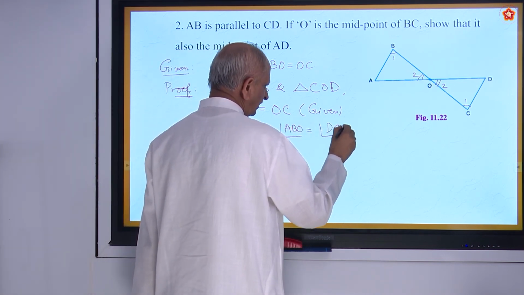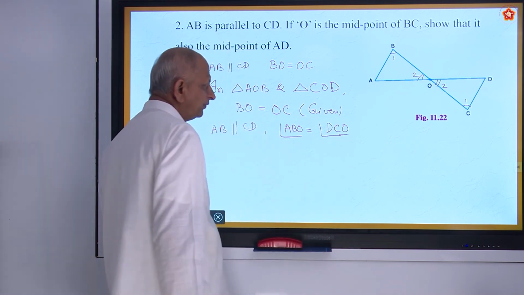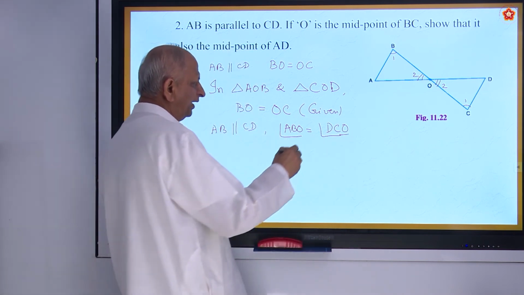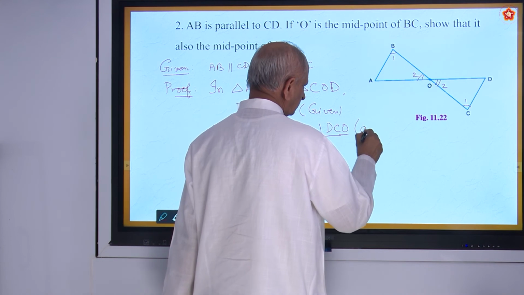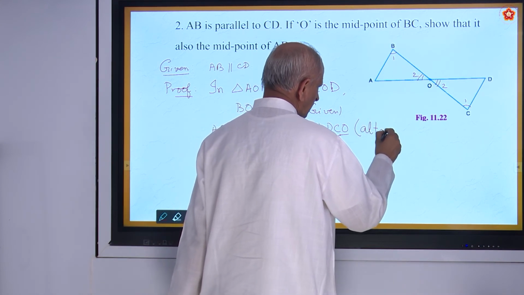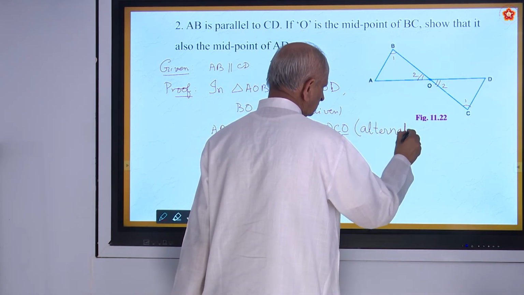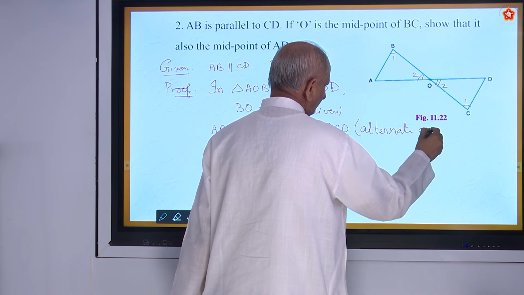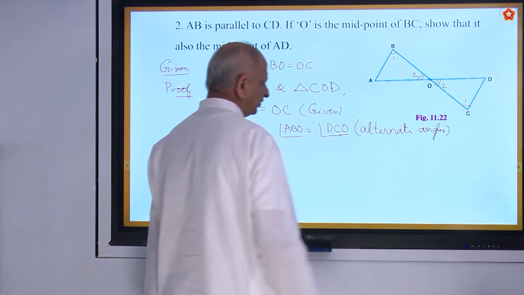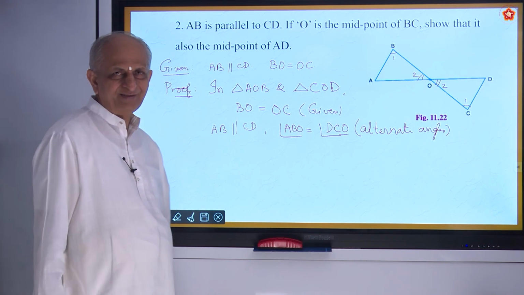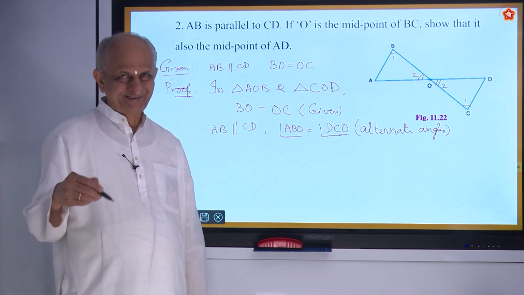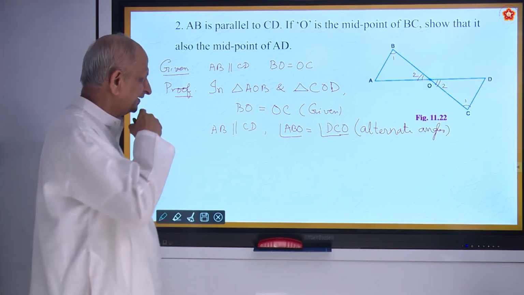What type of angles are they? They are called alternate angles. In geometry, you must always write the reasoning.